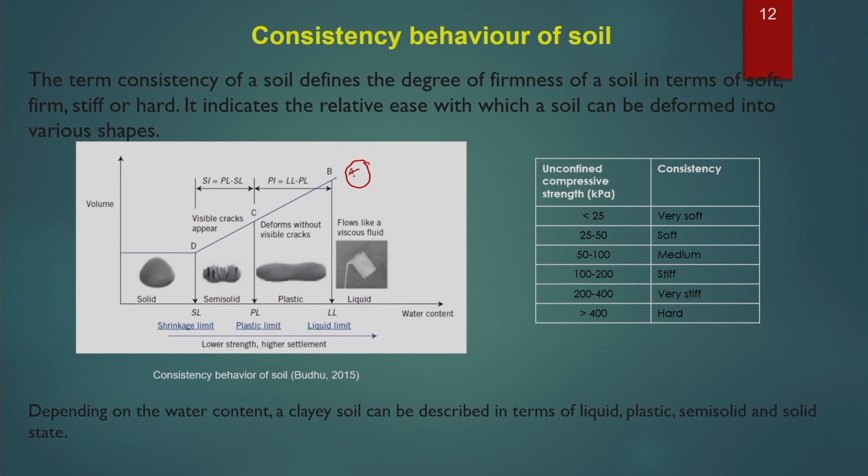Gradually when we reduce the water from the soil, the volume of the soil will also decrease, and the water content will decrease. Finally a stage will come when the soil starts to have some shear strength and it will not flow like a liquid. That water content at which the soil starts to gain some shear strength, which can be measured in the laboratory, is known as the liquid limit of the soil.